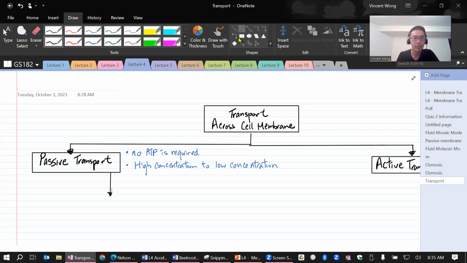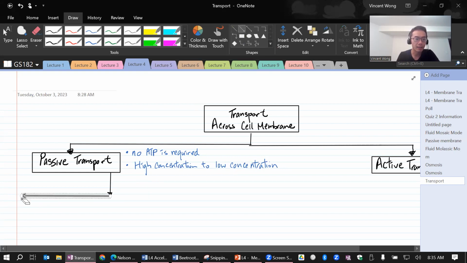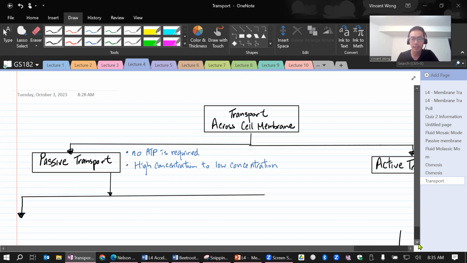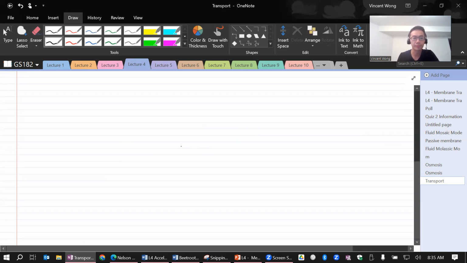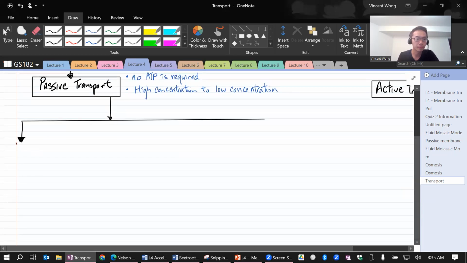So we have three things here that I want to talk about. First one is simple diffusion.